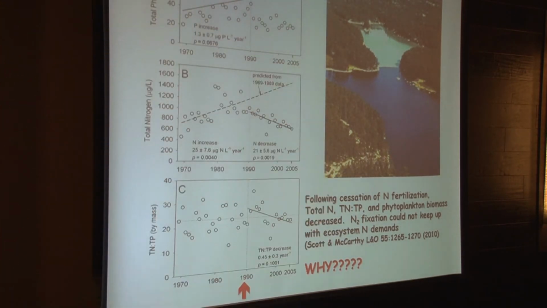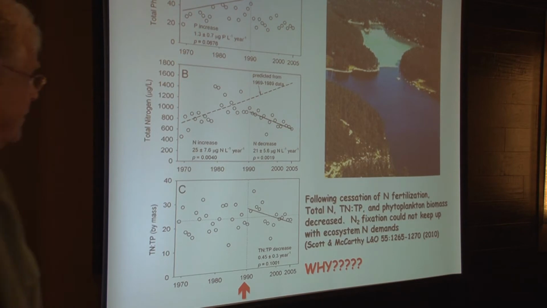Okay? And Scott and McCarthy looked at this data in a much more detailed way, and what they could see is that when the P fertilization continued, the total N actually dropped in the system. Okay? And the N to P ratios dropped in the system. And actually the total P concentration remained pretty much the same.